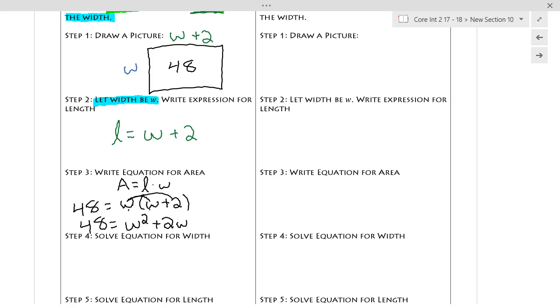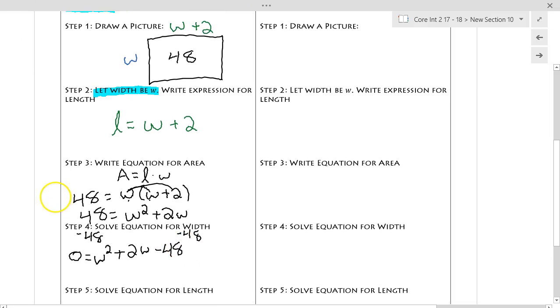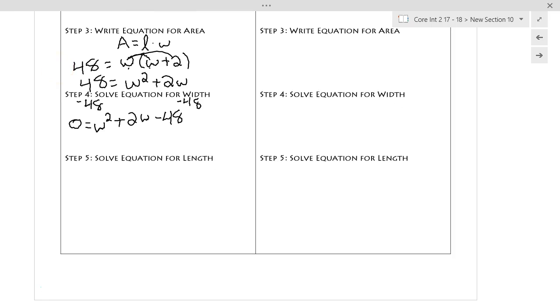In solving my equation for W, I'm going to subtract 48 from both sides. So I have 0 equals W squared plus 2W minus 48. Here, I want to solve for W. This is going back to previous problems we've seen before as well.